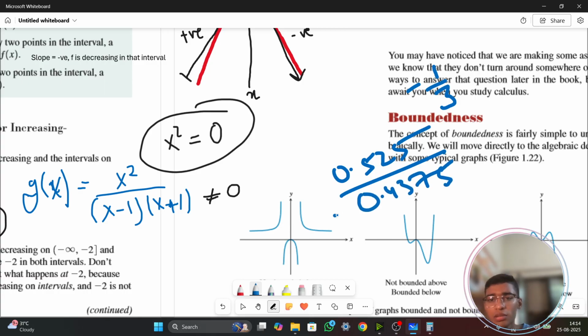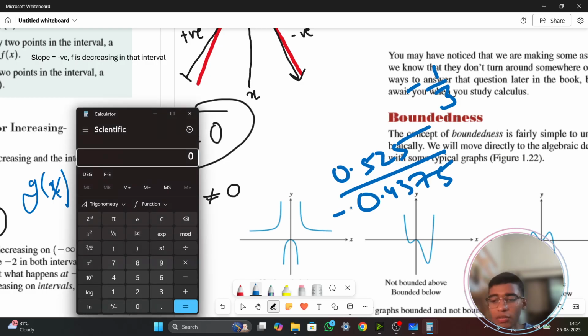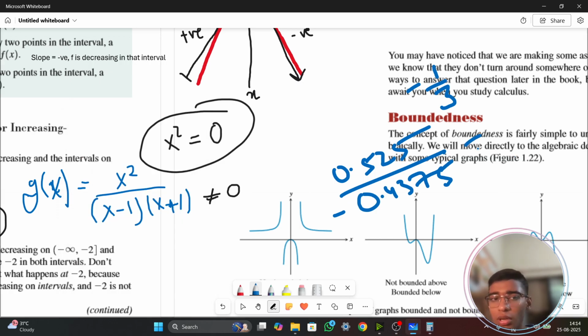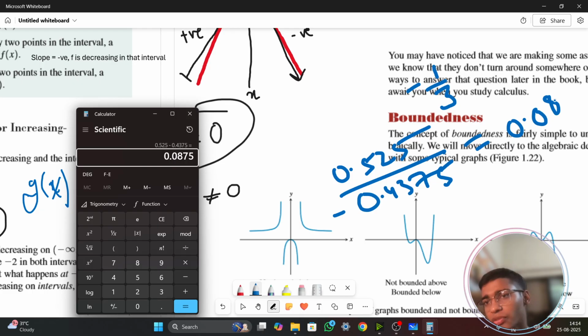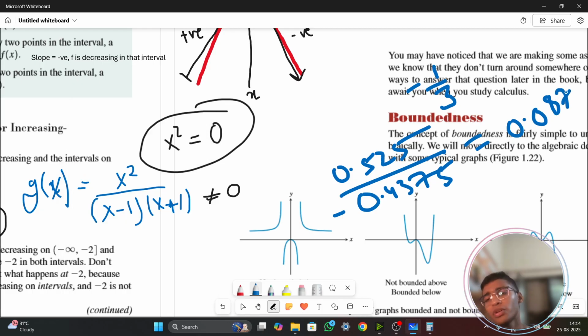Again, the denominator portion is negative. So it is 0.5625 divided by negative 0.4375. I am getting equivalent to 0.0875 or something like that.